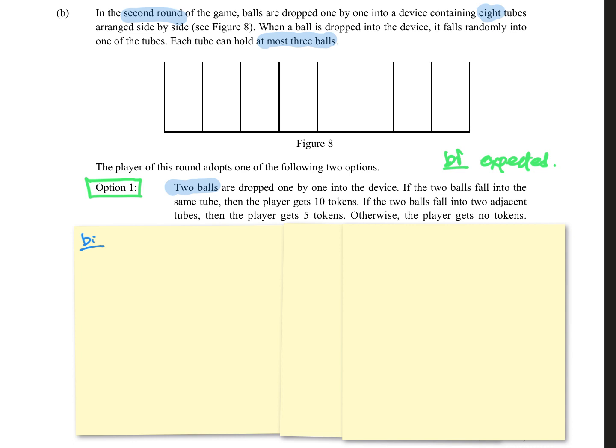We need to figure this out. Tokens, either 10, 5, or 0, and the corresponding probability.